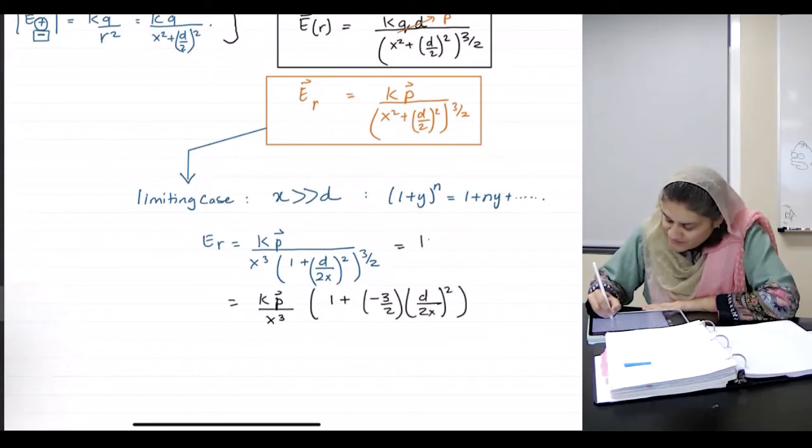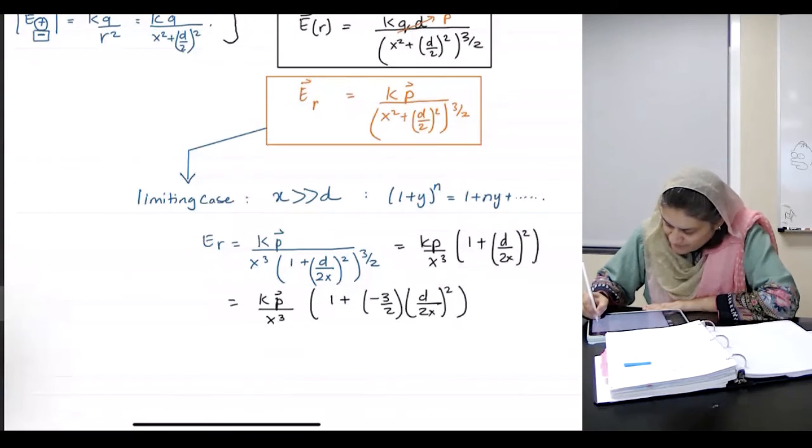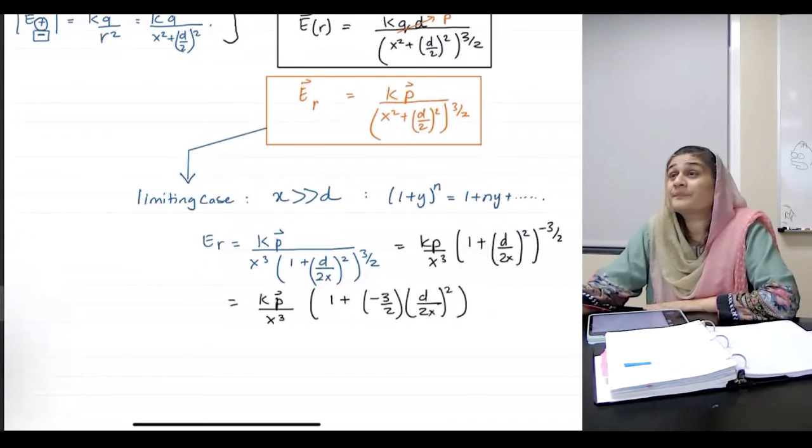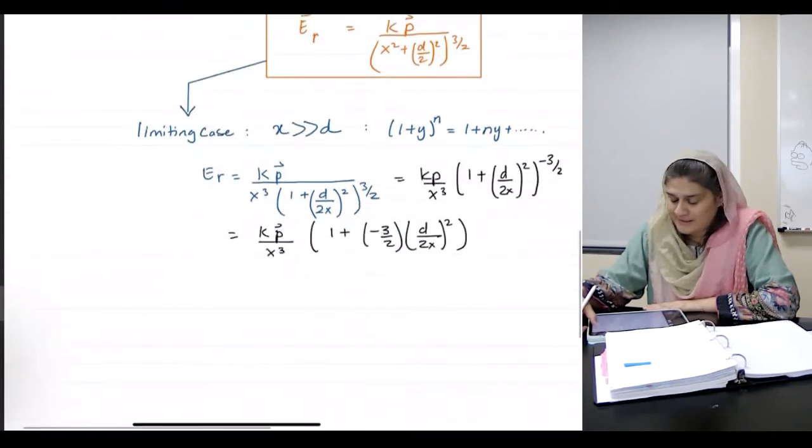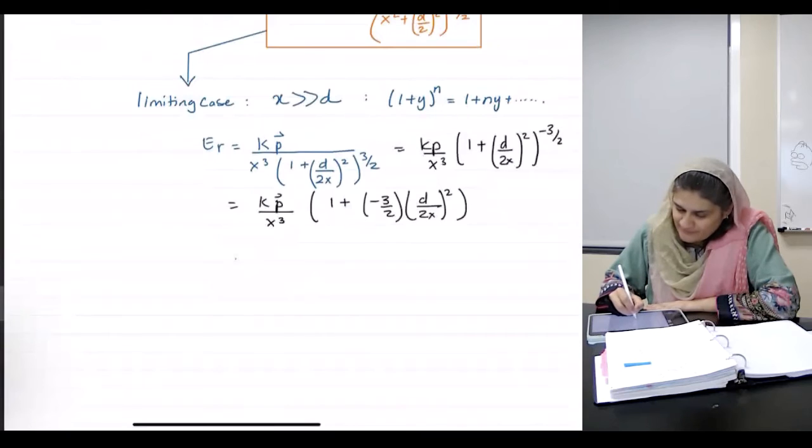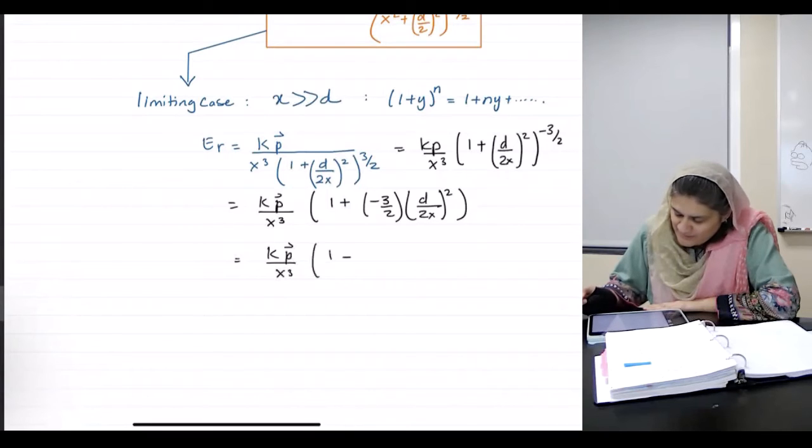And what I did was Kp over x cubed times 1 plus d over 2x squared to the power minus 3/2. And drum roll, I am left with Kp divided by x cubed times 1 minus 3d squared divided by 4x squared.